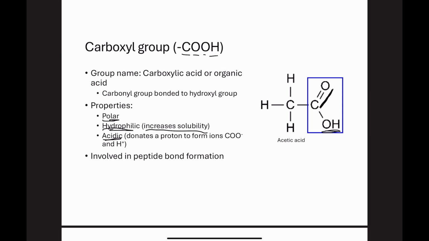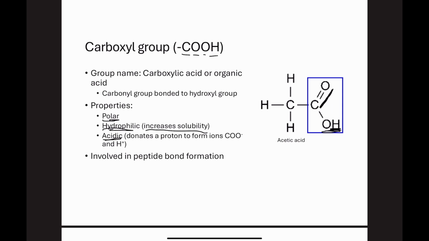The carboxyl group's acidity is one of the defining features of that group. What happens is that the hydrogen atom attached to the hydroxyl group is weakly acidic, and that means that it can be lost. When we lose a hydrogen atom, it is called a proton, only when we're talking about our carboxyl group.